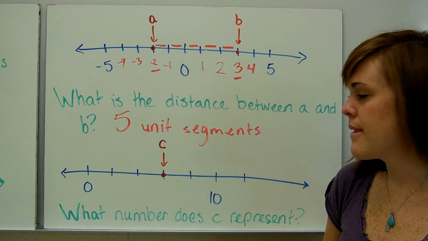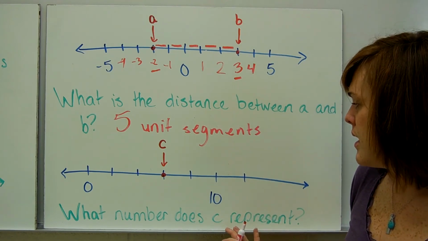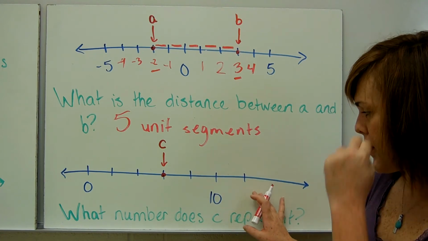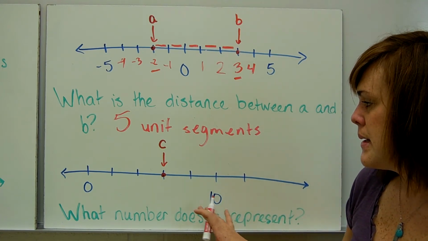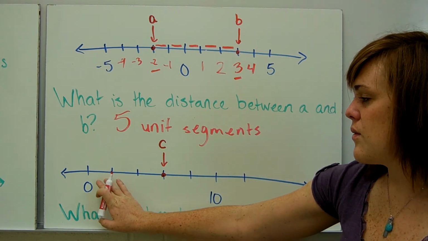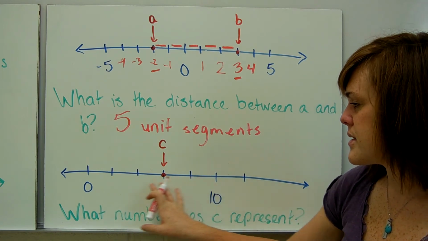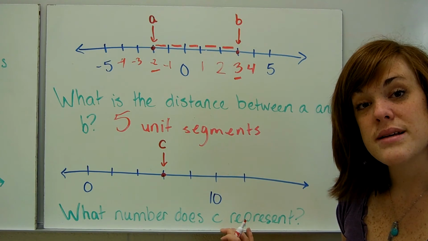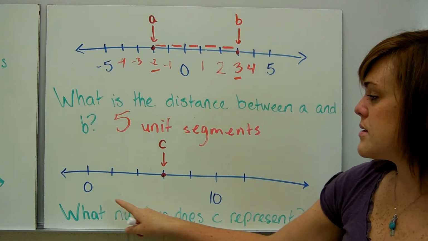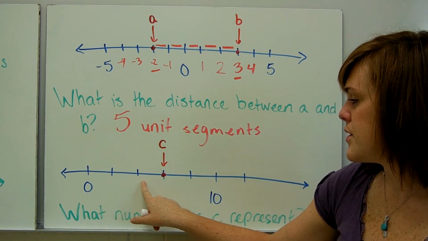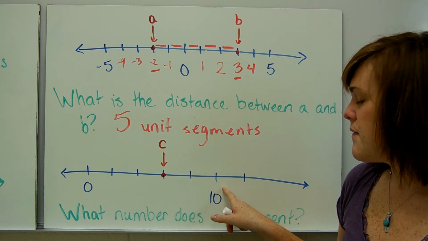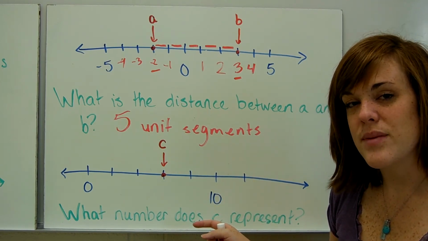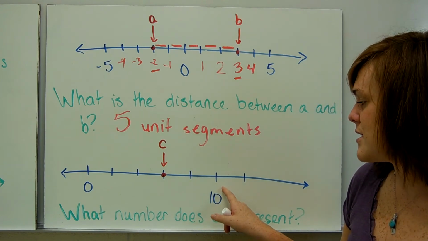Okay? Then we have this one. Now, this number line goes from 0 to 10, it looks like. Well, there might be more over here, but the 10 is labeled. Let's try to figure out what each of these tick marks is, because the question is, what number does C represent? Okay, so if I count by ones, I'm going to have 1, 2, 3, 4, 5. That's too small. So each unit segment can't be 1. That wouldn't make sense, because otherwise this would be a 5.